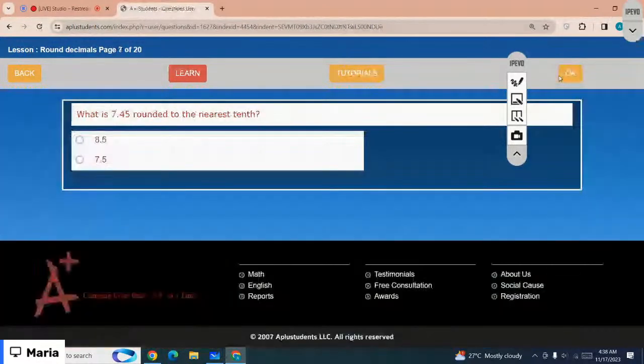Okay, what is 7.45 rounded to the nearest tenth? 8.45 or 7.5, which is the correct option?